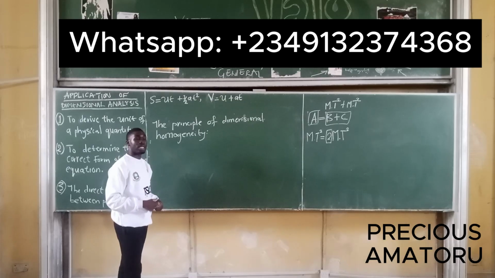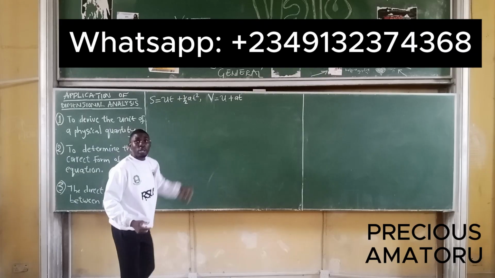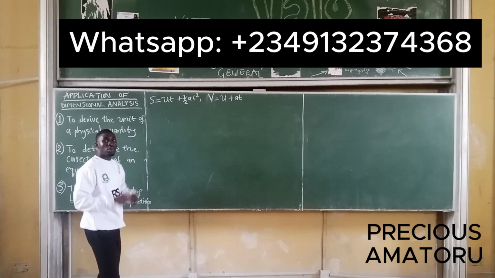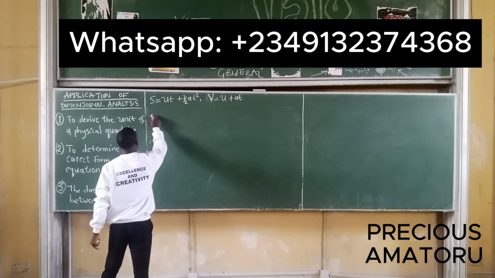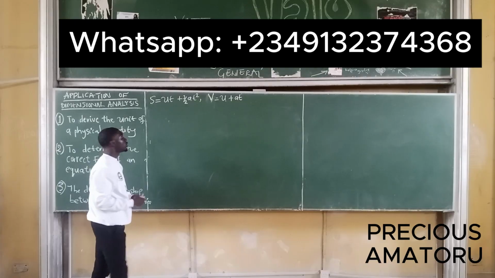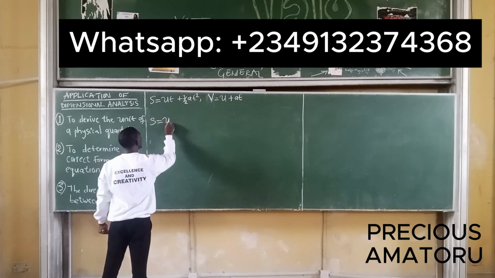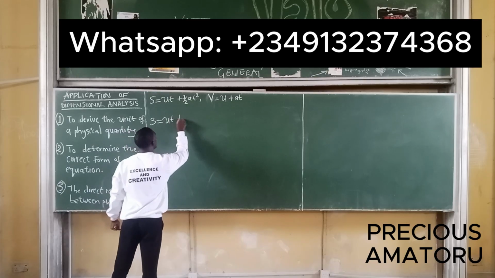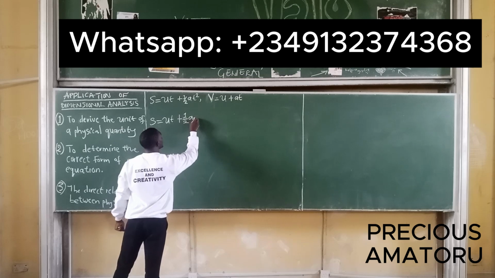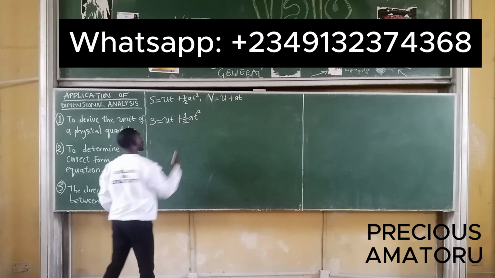So let's see about that. We know that this equation is correct, but let's use dimensional analysis to confirm it. So we have that the dimension of this is L, because this is distance. So we have that distance is equal to initial velocity multiplied by time plus half multiplied by A, which is acceleration, multiplied by time all squared.